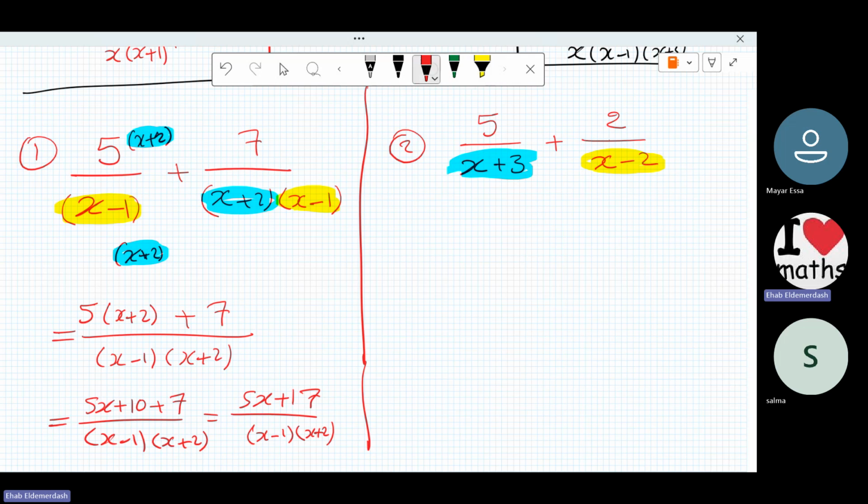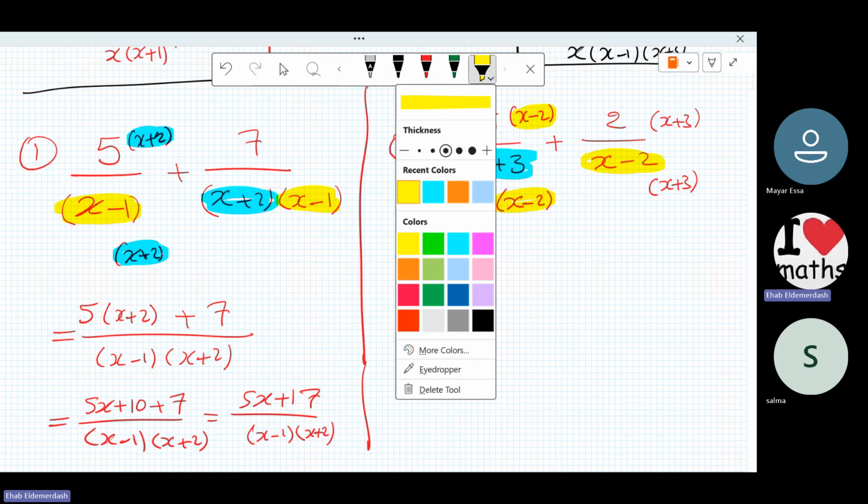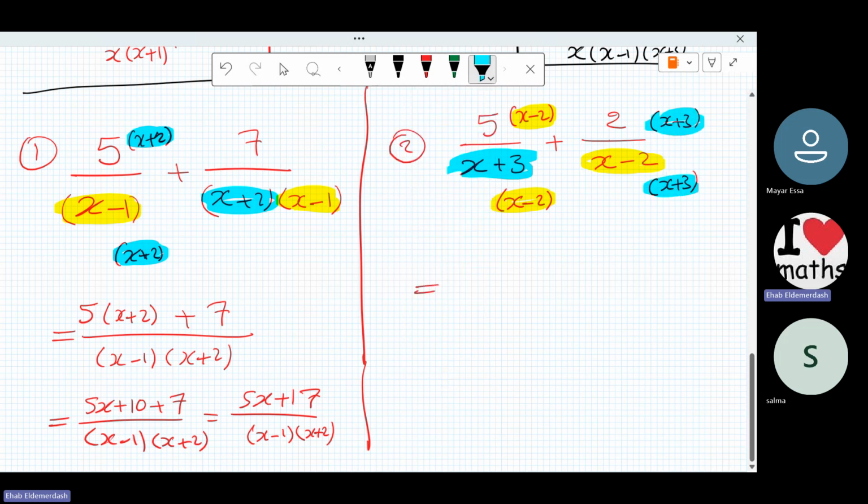So I'll go here, multiply this one by x minus 2, up and down. And on the other hand, I have to multiply by x plus 3, down and up. By this way, what we did, we did multiply by the yellow for the left part up and down. On the second hand, we multiply by the blue up, اللي هي cross multiplication. فهي it's the same scenario.